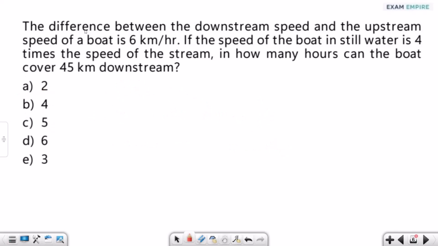Next, the difference between downstream and upstream speed of a boat is 6 km/h. So based on this downstream and upstream speed, you can find speed of water is 3 km/h, because you know speed of water is equal to half of downstream minus upstream.